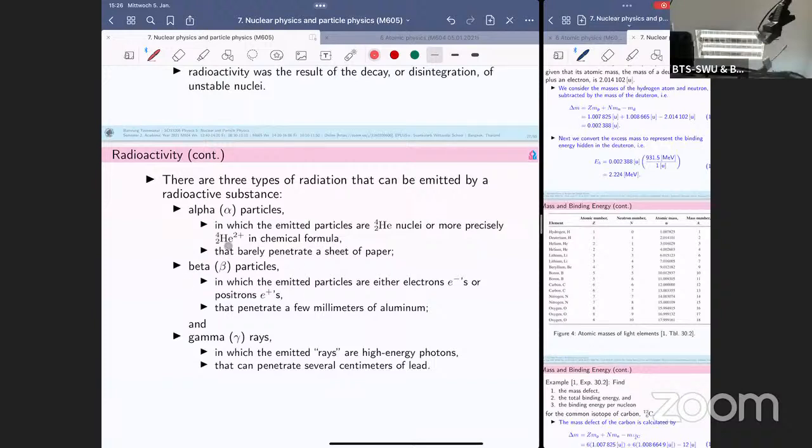You have heard of alpha particle, right? In the experiment by Rutherford and so on. It's the nucleus of helium-4. Helium has 2 electrons, and if you throw away the 2 electrons, you get only the nucleus of the helium, and that's called an alpha particle.